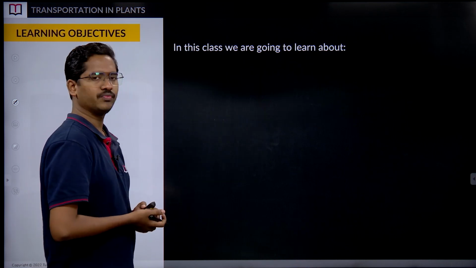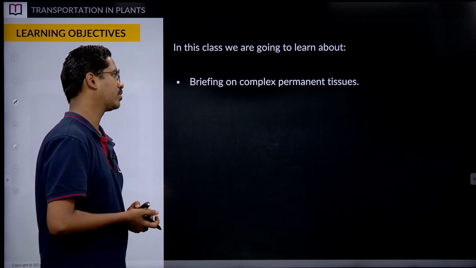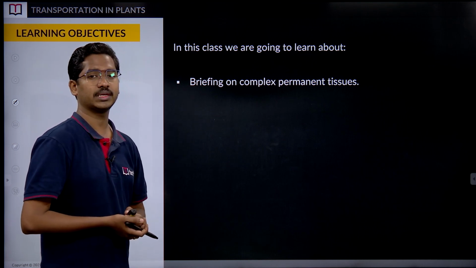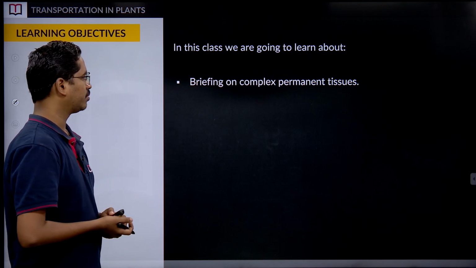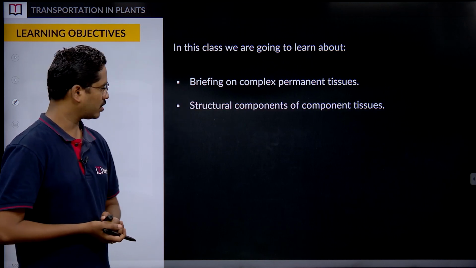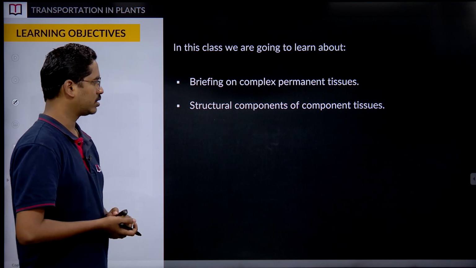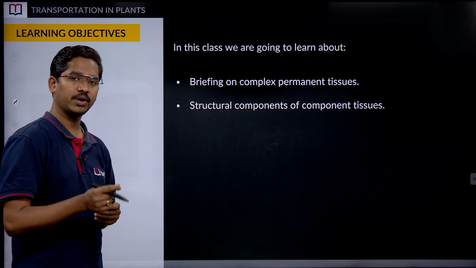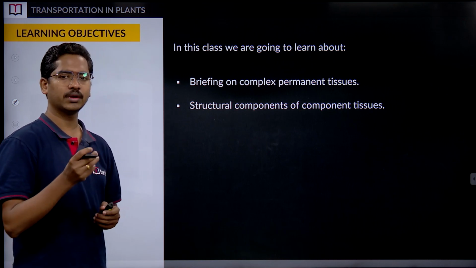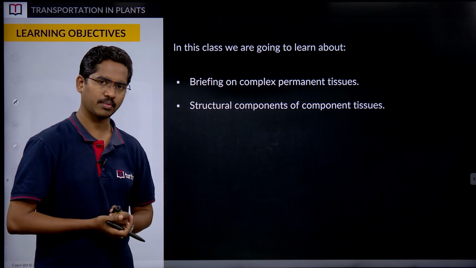And in today's session we are beginning with the understanding of complex permanent tissues. That will be the briefing we will be doing using the flow chart, followed by the structural components of the complex tissues. So, we will also look into the basic elements which form those complex permanent tissues.